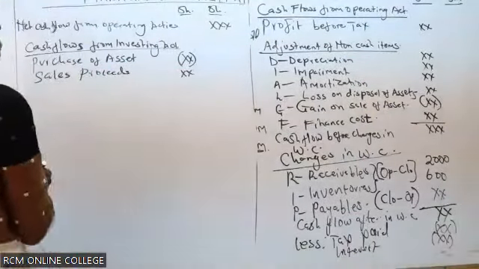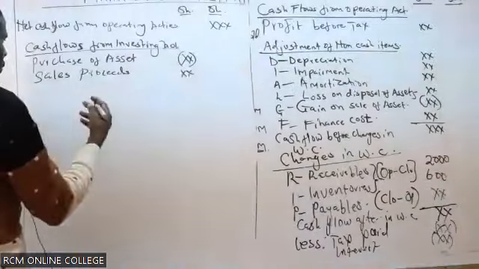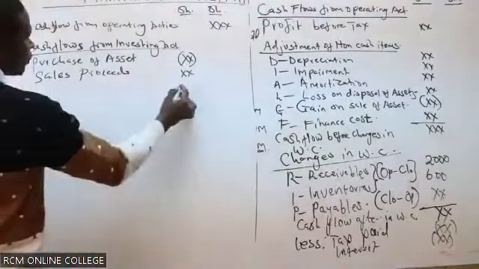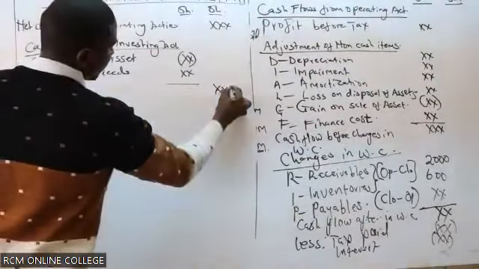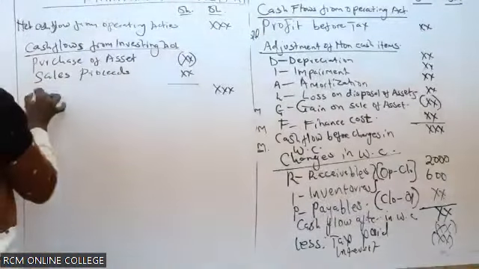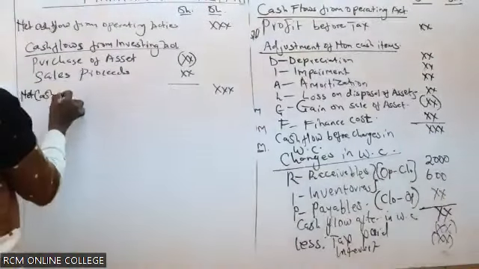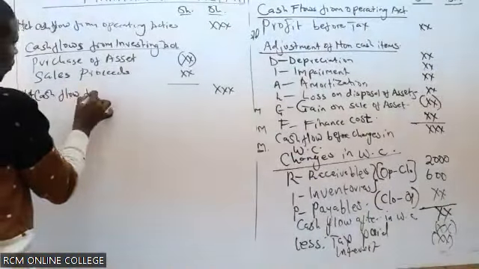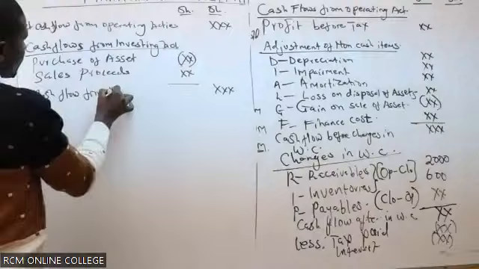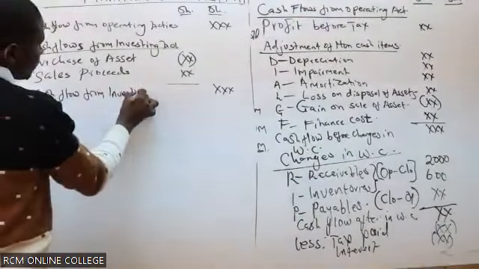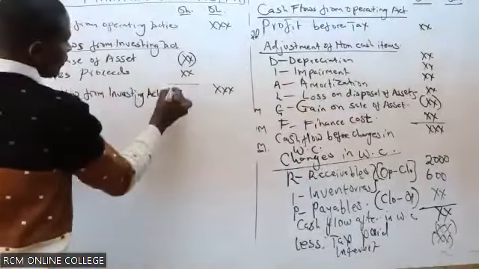Our cash may increase, and so on and so on. And then you can have your total there. You can call it net cash flow from investing activities.